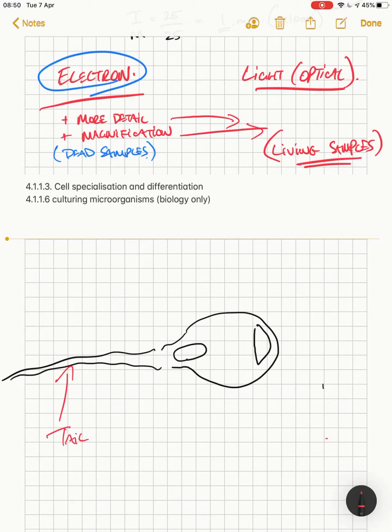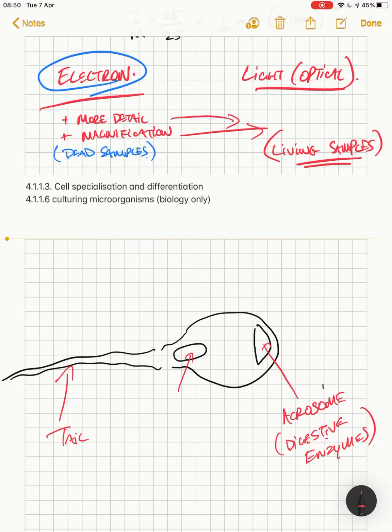It also has, at the head of its structure, something called an acrosome. An acrosome is basically filled with digestive enzymes. Those digestive enzymes will be released, and they will break down the outer layer of the egg and allow the genetic information that's inside the sperm cell to enter and fuse and cause fertilisation to happen.